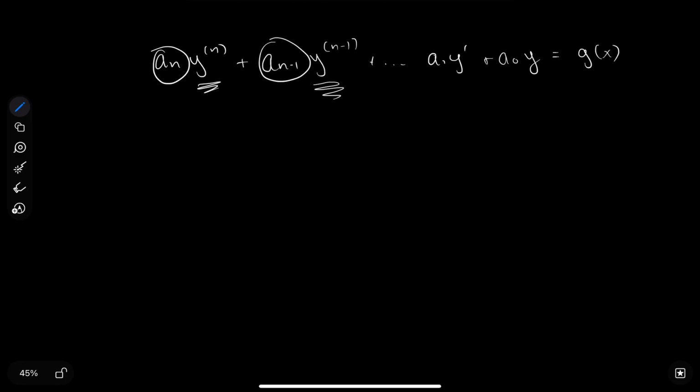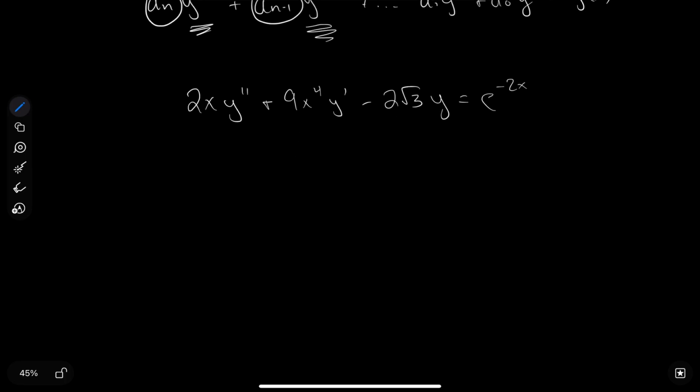For example, 2x y double prime plus 9x to the fourth y prime minus 2 square roots of 3 y equals e to the negative 2x. These coefficients do not depend on y, so that is great. These are all linear. They are not being composed, and we're not raising them to any powers. And this right side is a function of x. So this is linear.